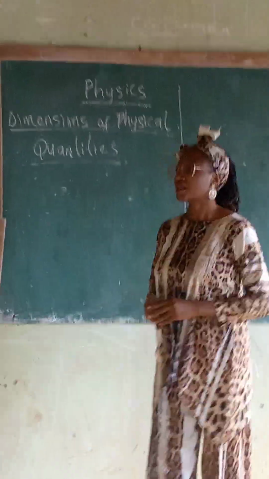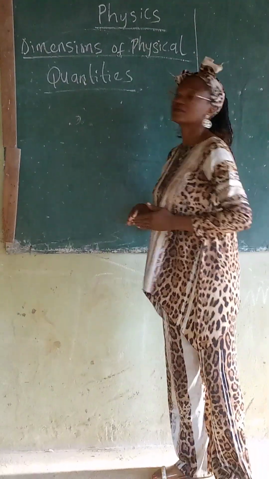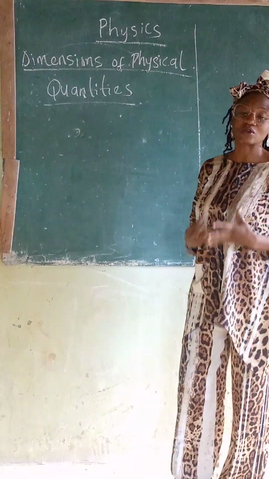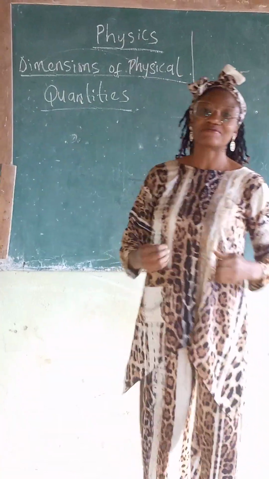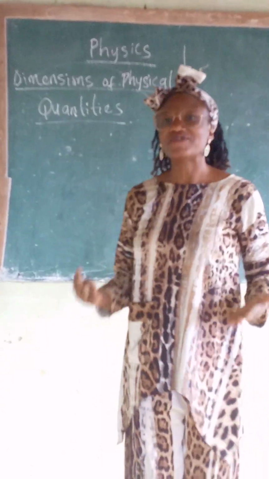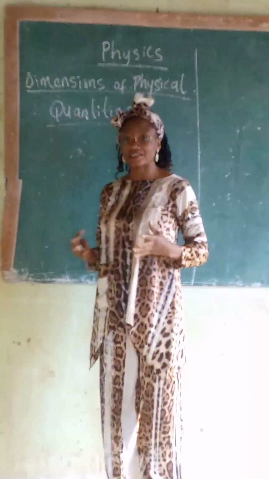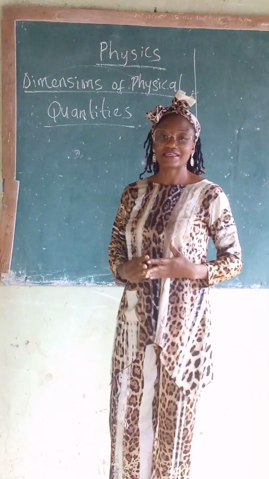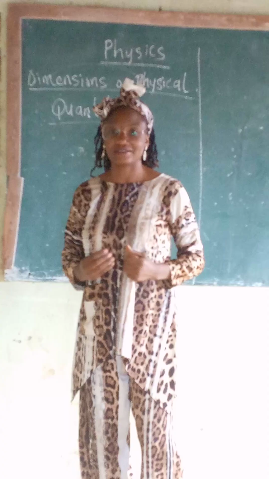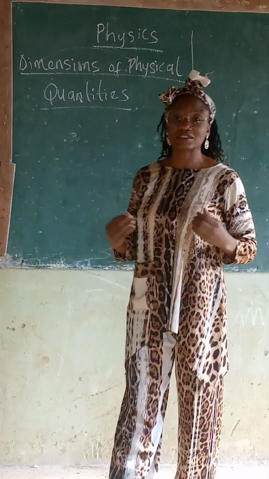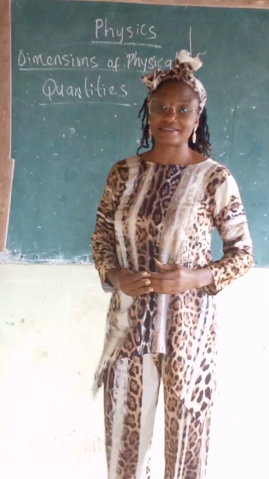Now, before we go into detail, let's quickly talk about fundamental quantities and derived quantities. What are fundamental quantities? Fundamental quantities are the basic quantities. Derived quantities are those quantities that are dependent.